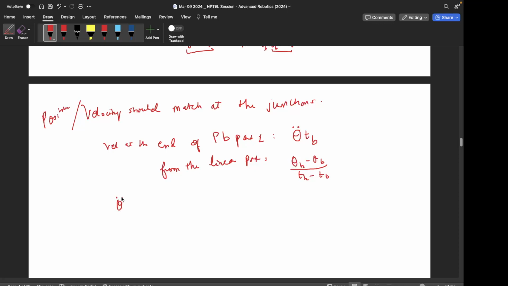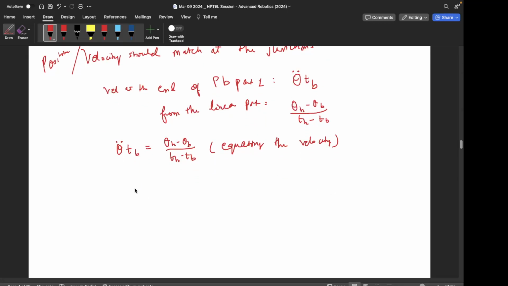So theta double dot tb is theta h minus theta b by th minus tb. So this is equating the velocity, right?